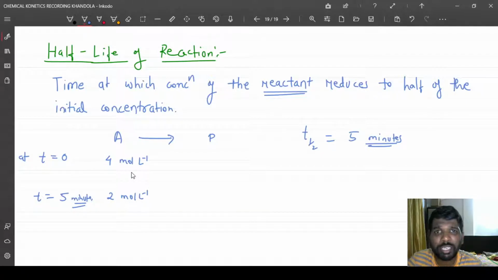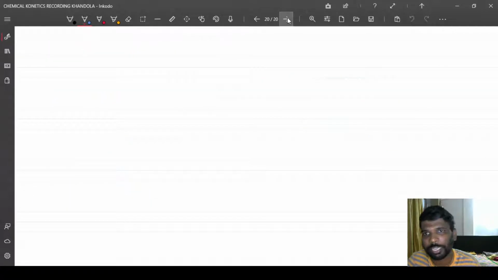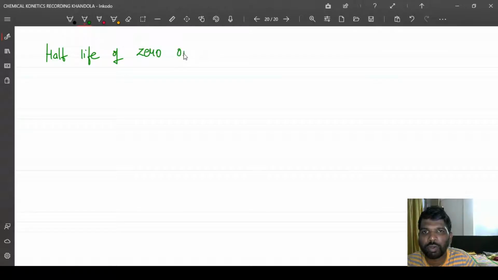Now let us understand the half-life for a zero order reaction and a first order reaction. I will have to take the help of the integrated rate law expression. So half-life of a zero order reaction.